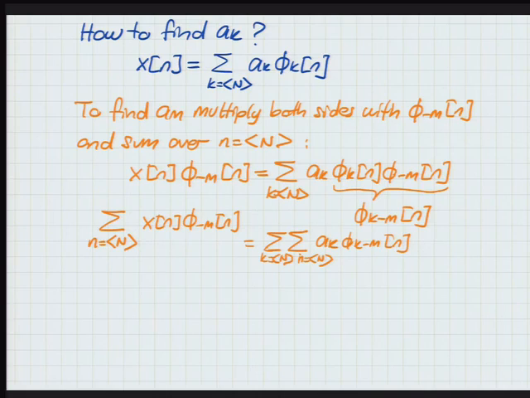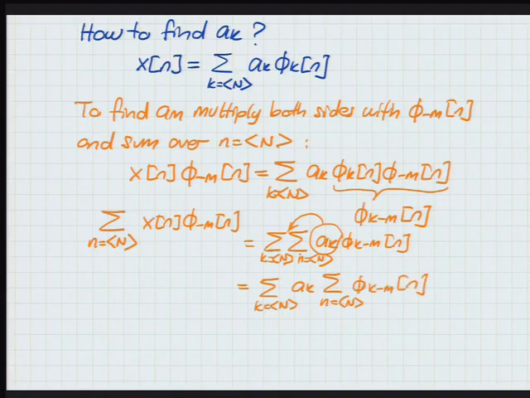So I can take a sub k out of the inner summation and express this as the sum over k of a sub k, times the sum over little n of phi k minus m of n. Now, someone tell me, what is this equal? I said average, but you corrected me as sum because I wasn't dividing by N. That's fine. So what is that sum going to give me?